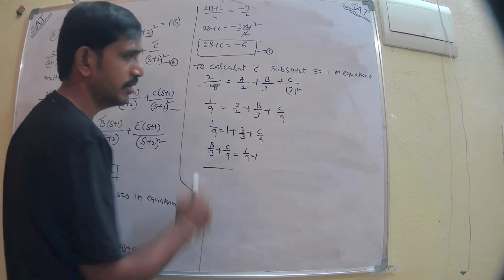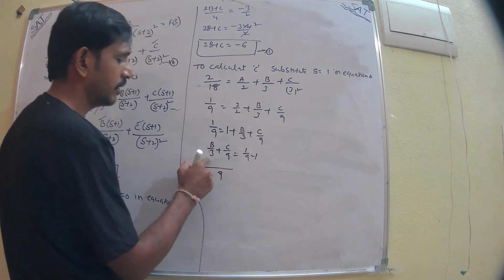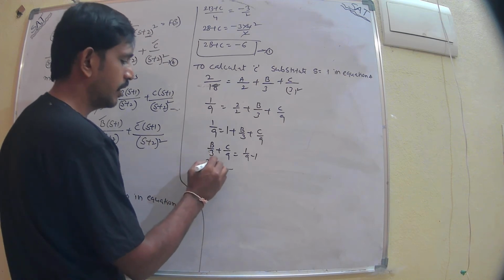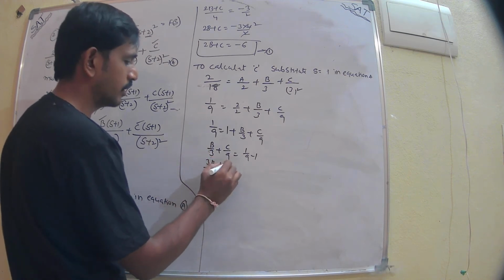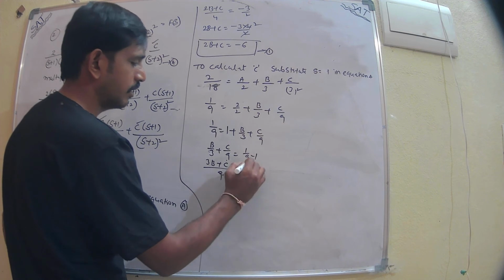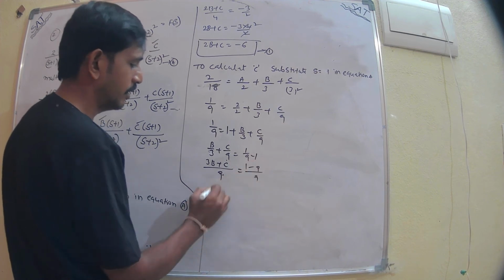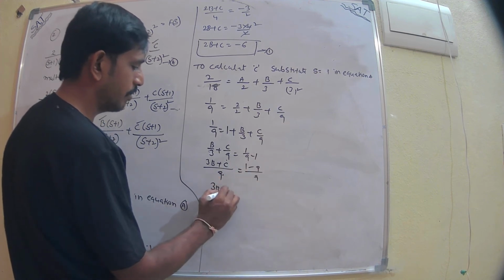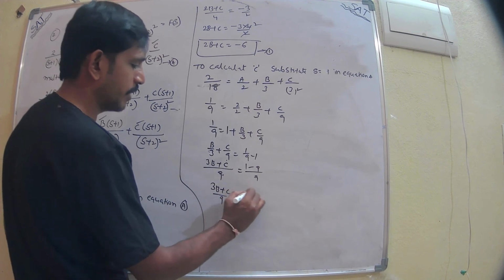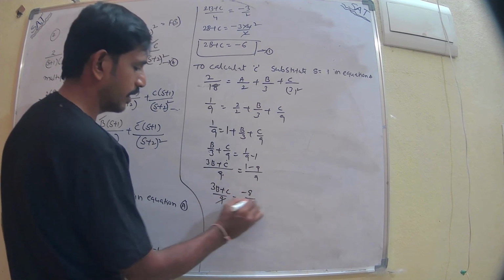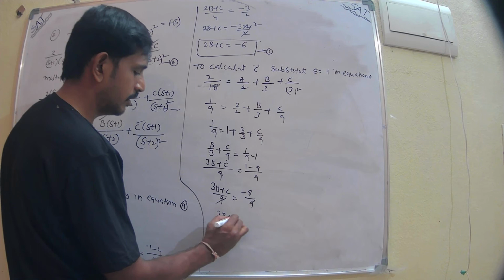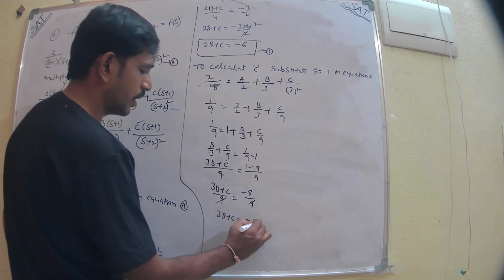What is the LCM? 9 is the LCM: 3B plus 1 into C by 9 is 1 minus 9. So 3B plus C by 9 is minus 8 by 9. 9 will cancel, so 3B plus C is equal to minus 8.